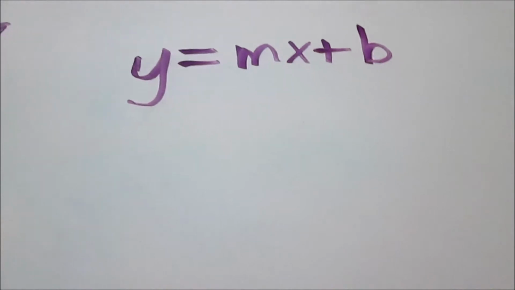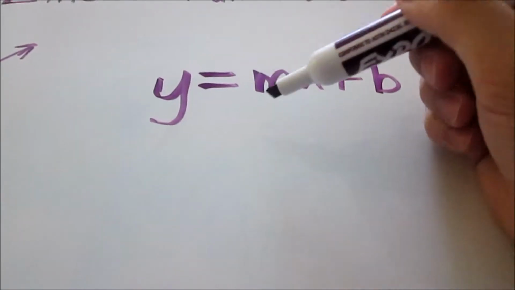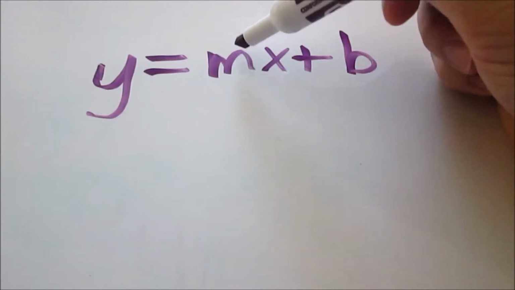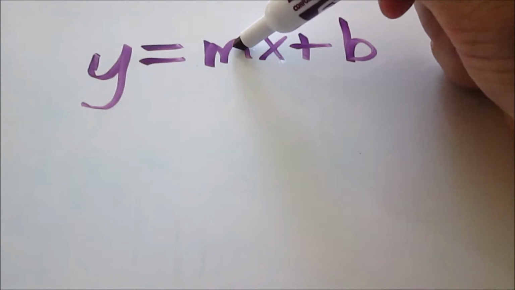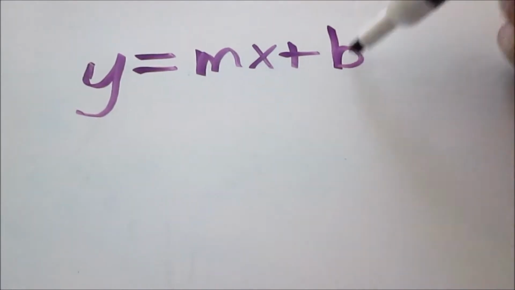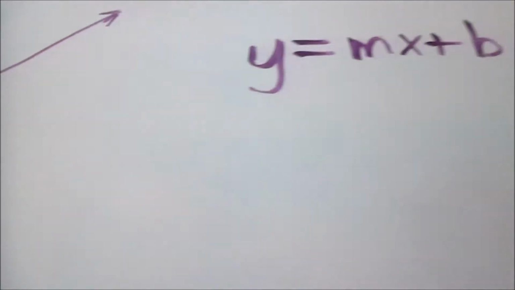Okay, just simply put, this means that when this equation is graphed, there will be a number where m is and a number where b is. Those are important, m and b. And when that's graphed, it makes a straight line.